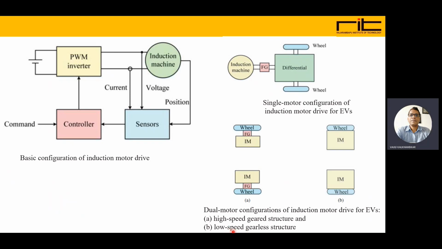And we can see the second, low speed gearless structure. Here the induction motor is attached directly to the wheels and the fixed gearing arrangement is also removed. So this is the more efficient configuration because of removing the fixed gear from the system.